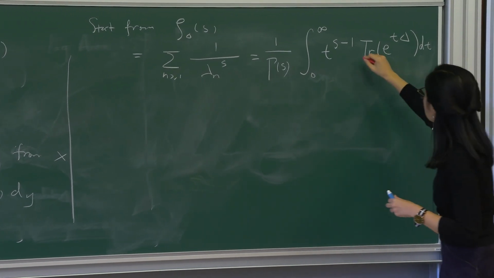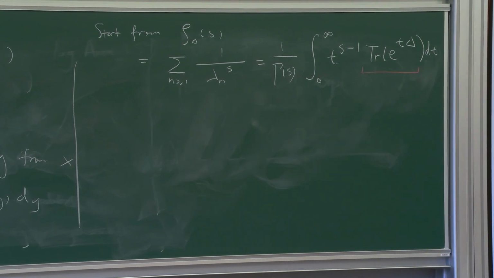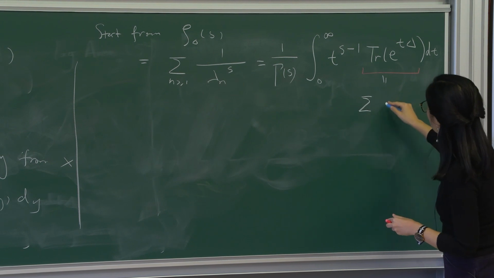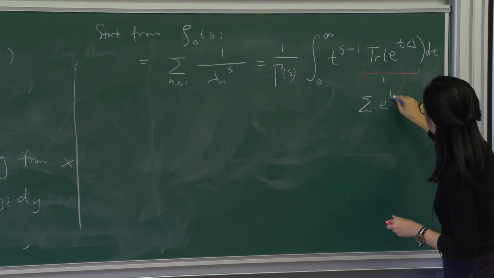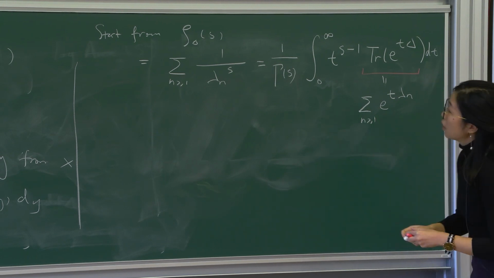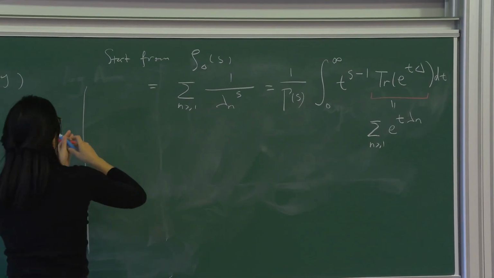And what is this trace? This is just the sum of exponential of t lambda n. Let's stay in the case where the domain has boundary.